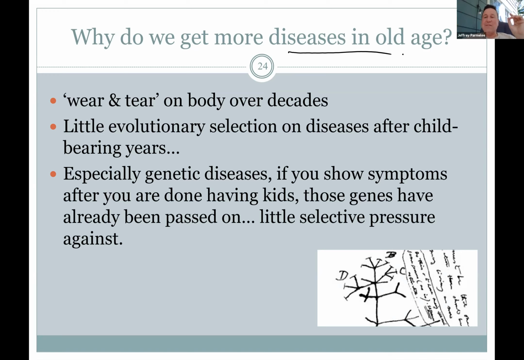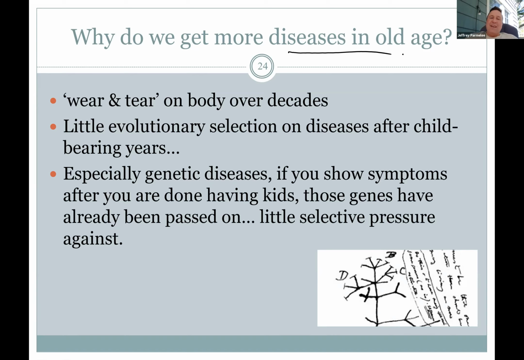You find out you have a disease in your elderly years, you've already passed it on, and those offspring are going to have that disease, and there was no way for evolution to stop that. That's pretty fascinating. So there's little selection against diseases after your childbearing years.